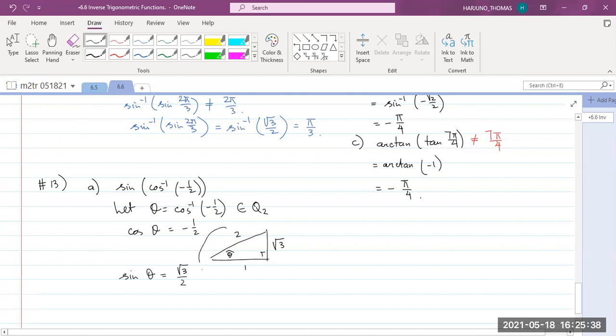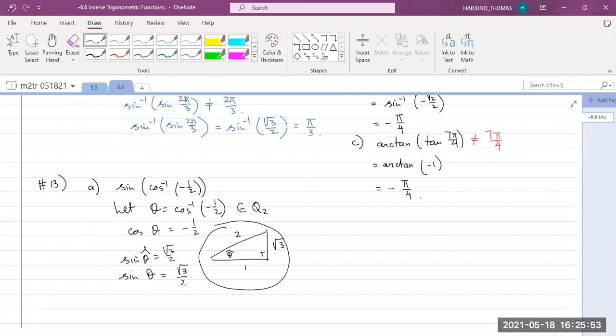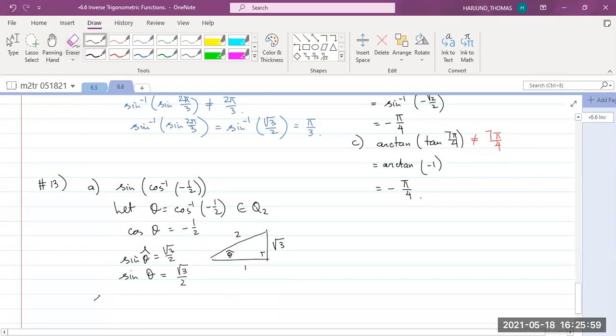Look at this triangle here. But theta is in quadrant 2, so sine theta is radical 3 over 2. We are basically done with the question. I just need to rewrite it. So sine of cosine inverse of negative 1/2 is radical 3 over 2.